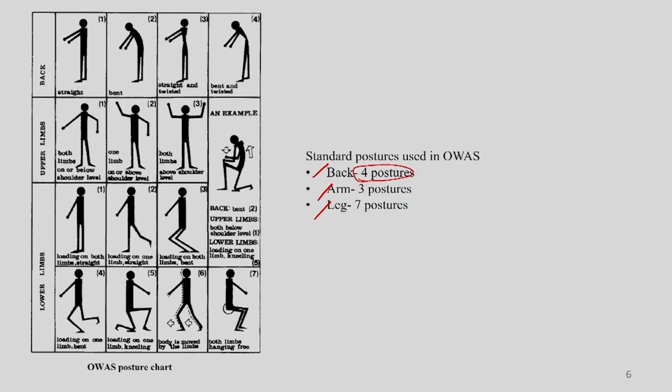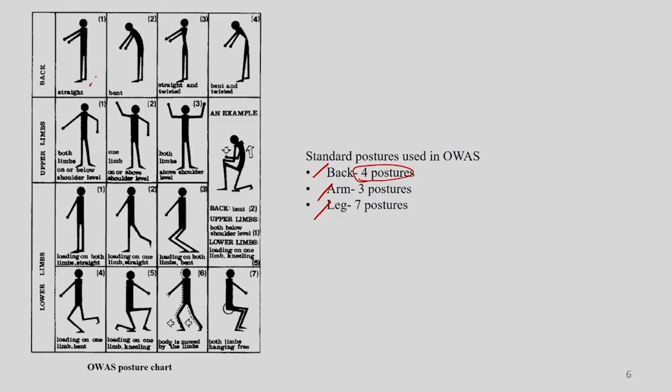If you are working straight, your spine is in a very neutral condition, there is no bend, no problem. So it is 1. Next is bent towards the forward direction. So this is 2. Straight, however little twisted: you are standing straight, however you are doing your activity in a twisted direction, so your vision is not on the front side, it is either on the left or on the right.